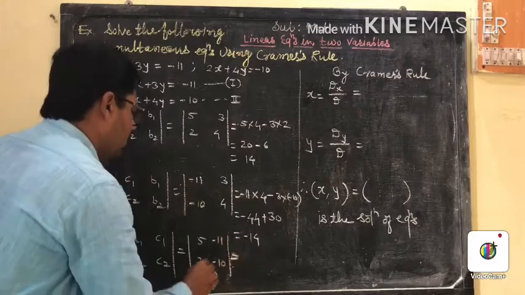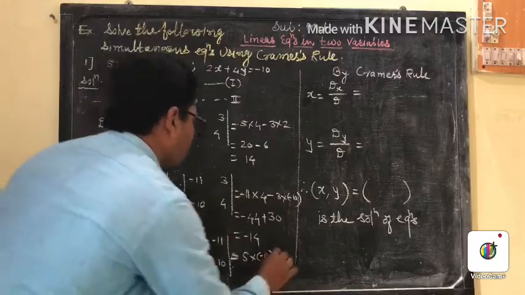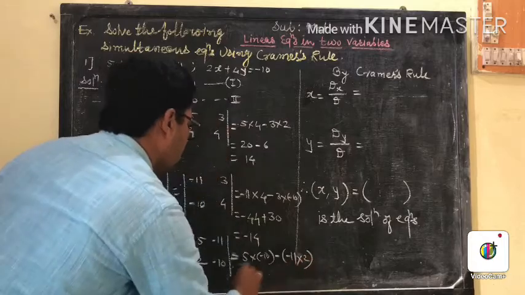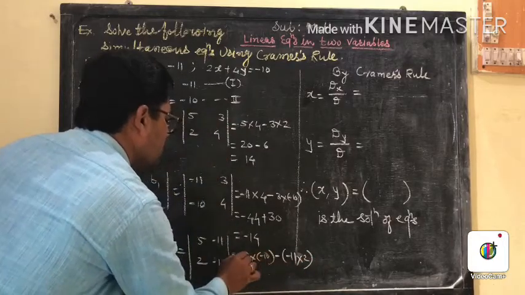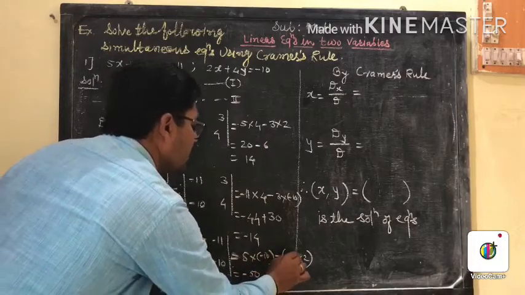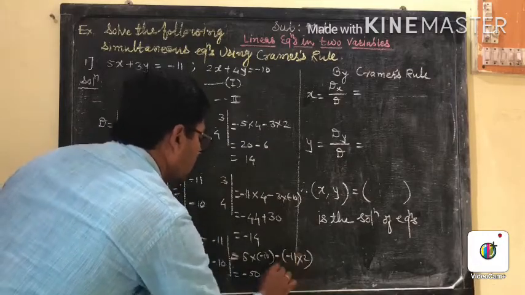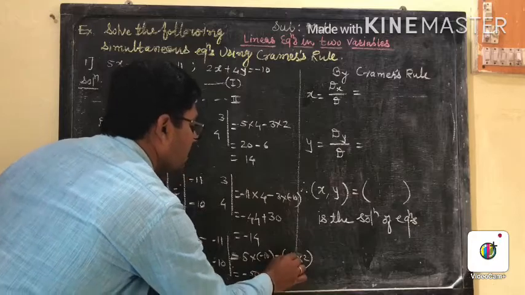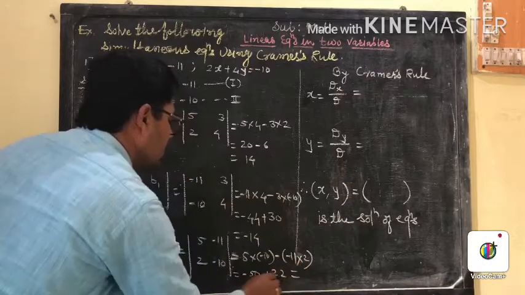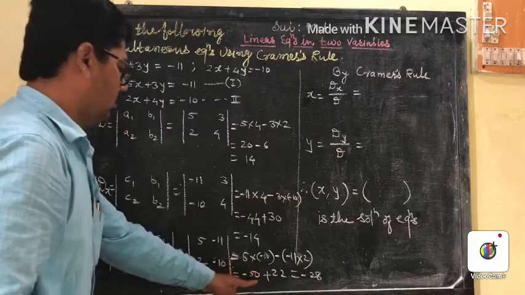Now the value of this is 5 into minus 10 minus 11 into 2, which is minus 50 minus 22, and the remaining is minus 28.